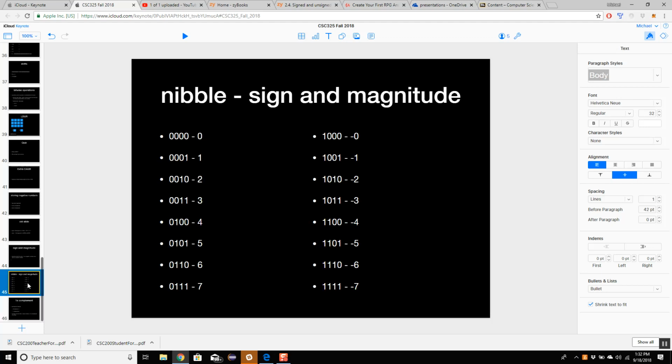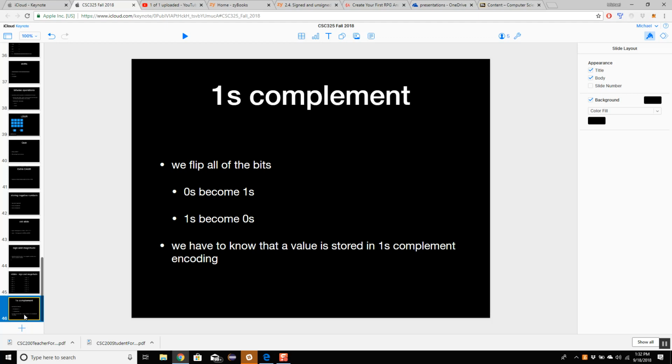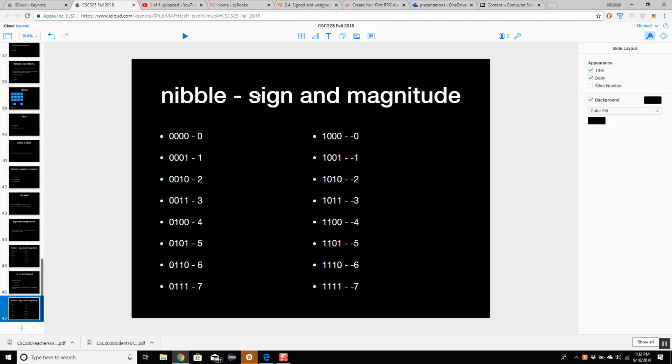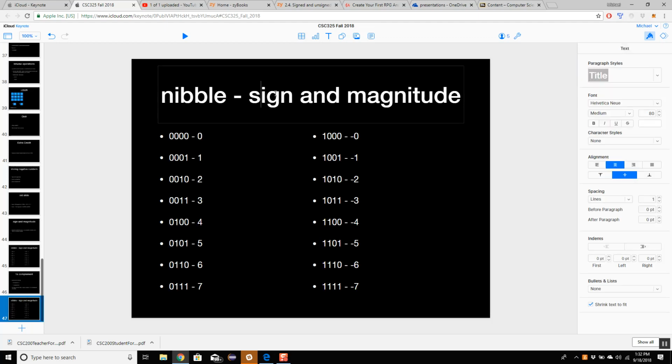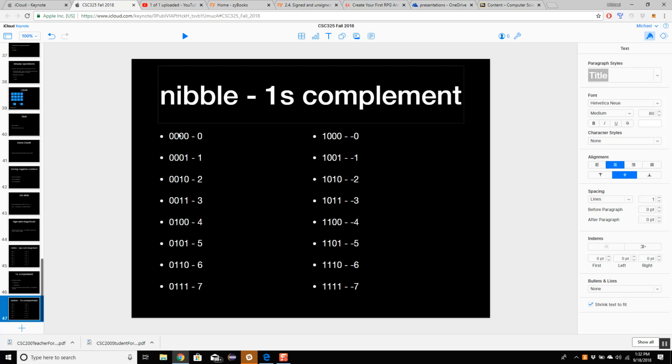Okay, so I'm going to use this slide as a starting point here. So we'll do ones complement. Okay, so here's all our values, 0 through 7, positive.